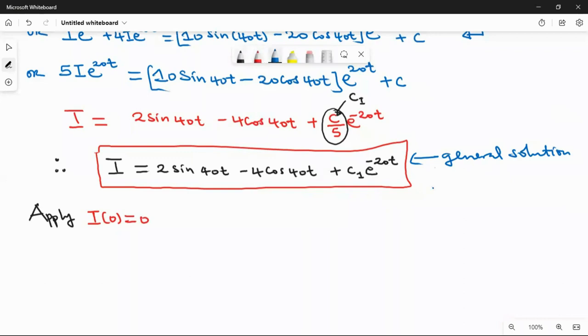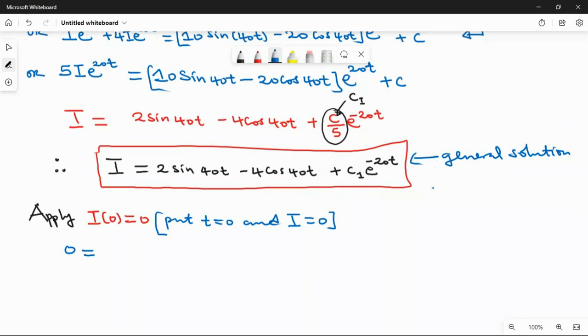This means put t equal to 0 and I is also equal to 0. When you substitute, what do we get? We are going to get 0 is equal to, remember where we have sine 0, that is 0.